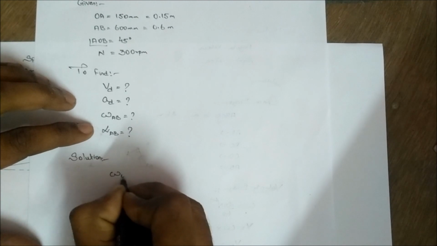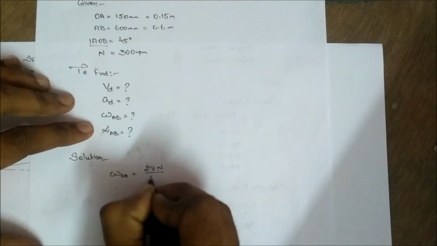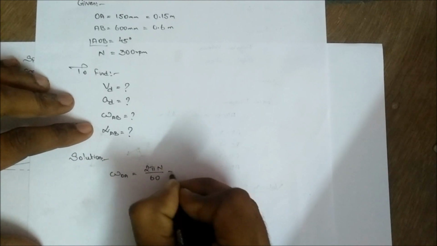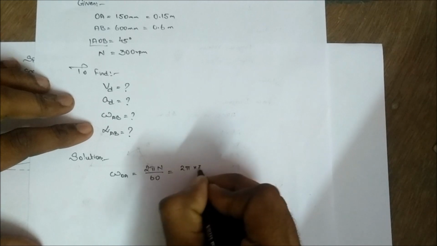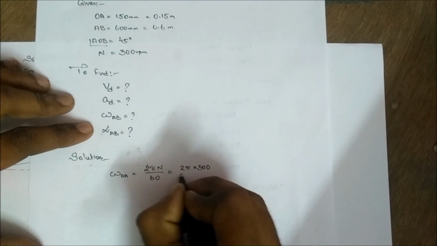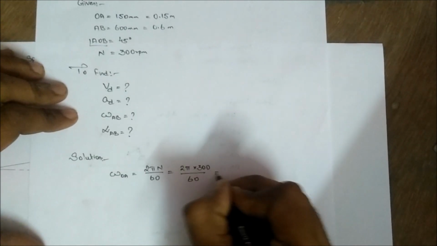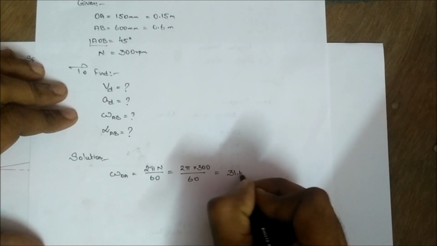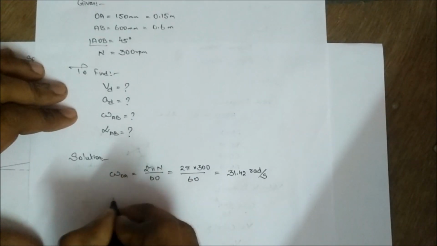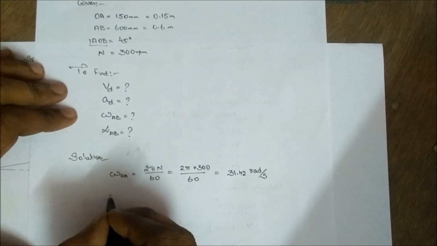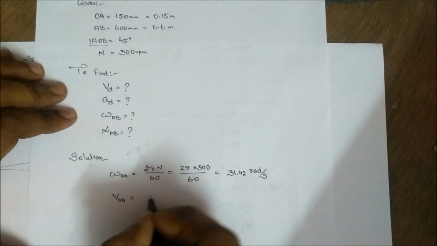omega OA equals 2 pi N by 60. 2 pi into 300 divided by 60, that will be 31.42 radians per second. So with this angular velocity I can find out the velocity of OA.